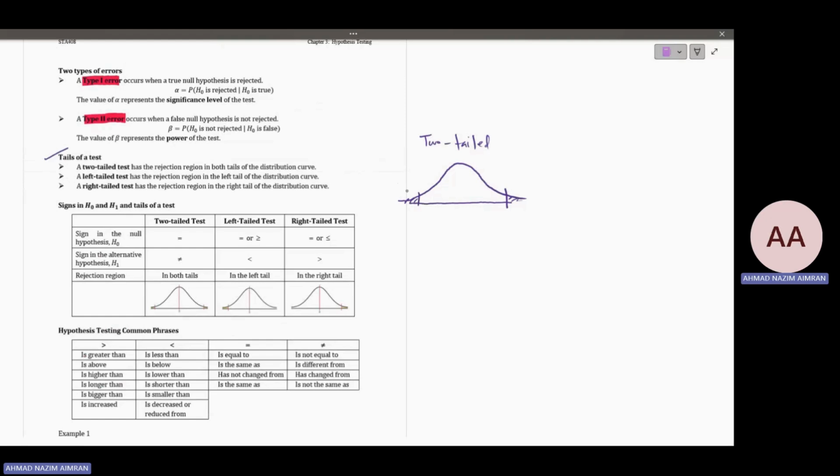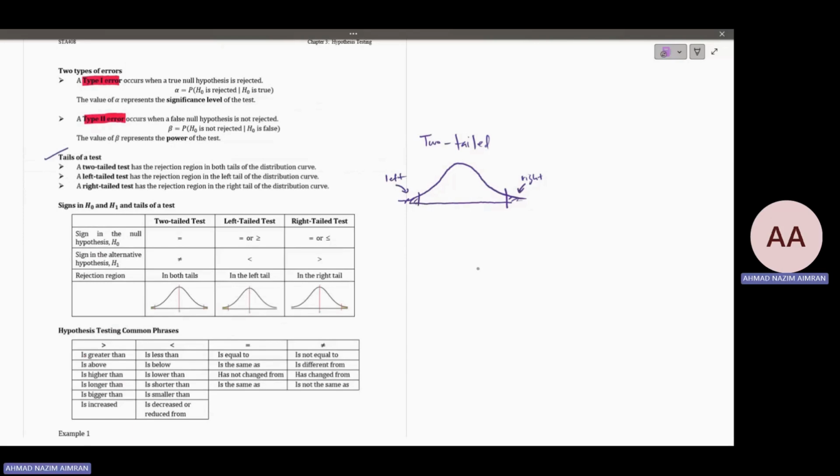And we know that in the confidence interval, we have a lower boundary and an upper boundary. The same goes for the two-tail test. We are testing our hypothesis at both sides of the distribution. This is right and this is left.